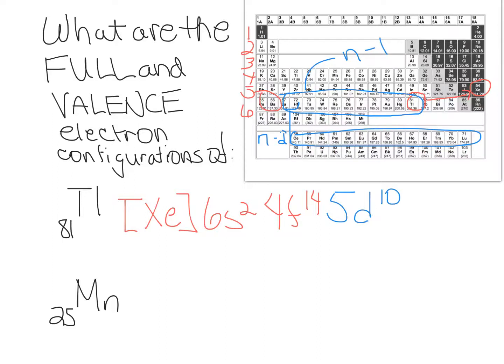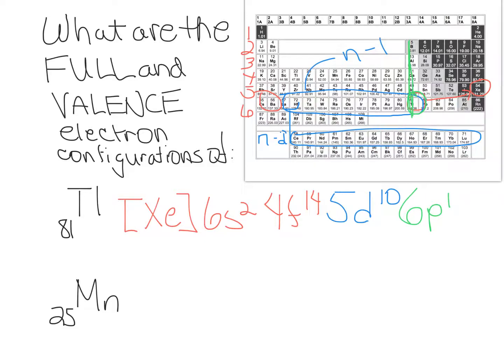And now we're finally to where the thallium is, and this is going to be in the P block, because the P block, of course, starts right here. So the thallium is going to be the original row, which is 6P1.